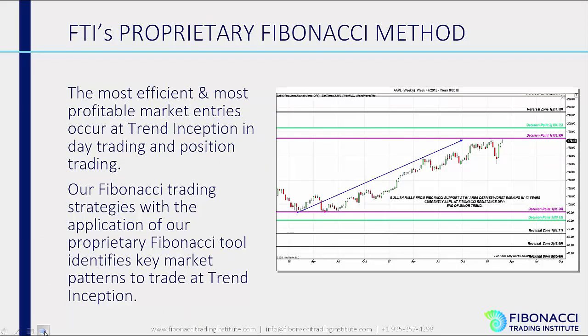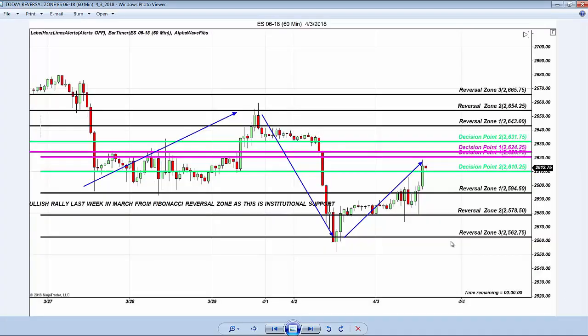This is the most efficient and most profitable market entries which occur at trend inception in day trading and position trading. As you saw on multiple examples I had shown you, as played out this week on S&P, as played out this morning.